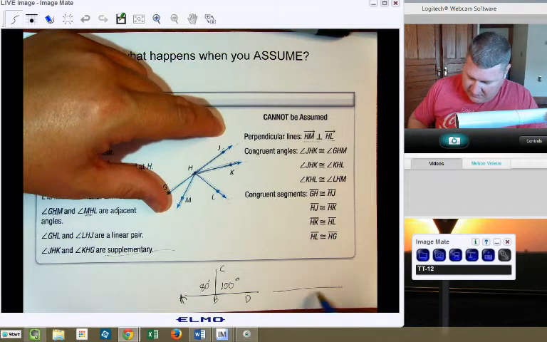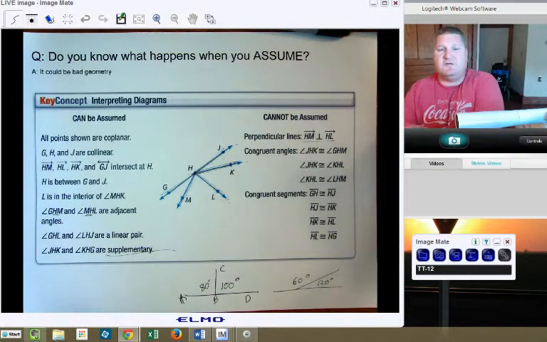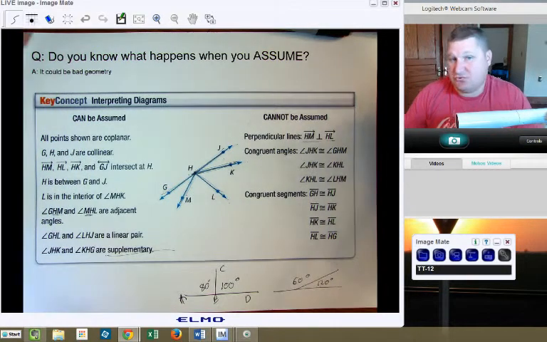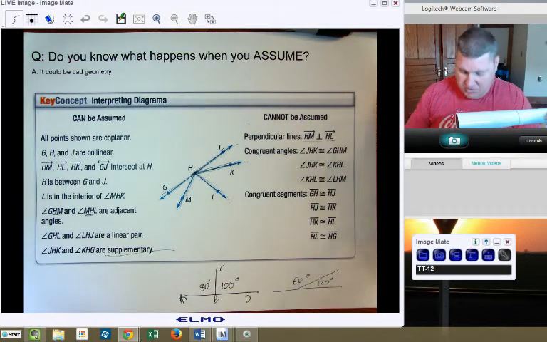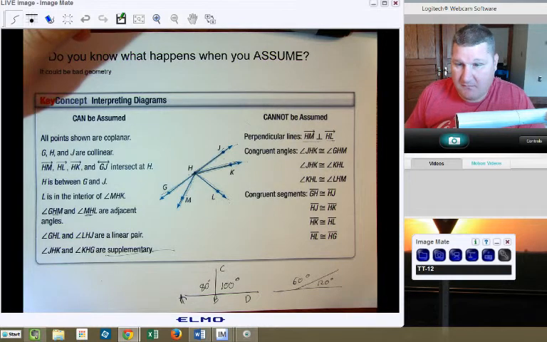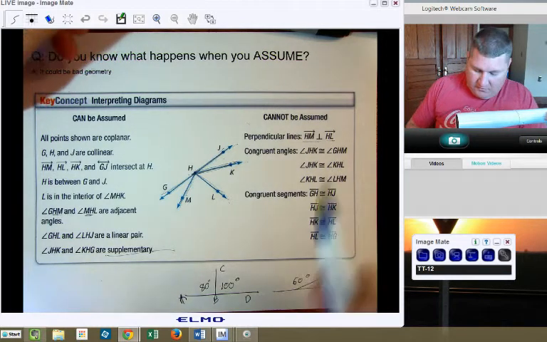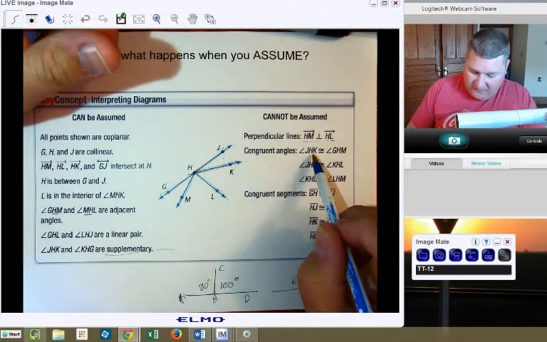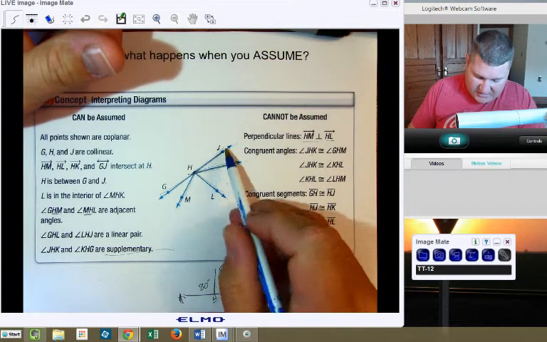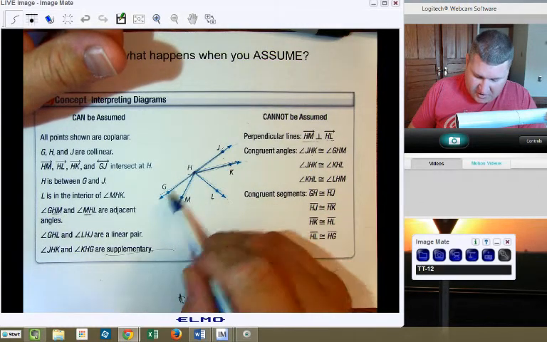I could even label the following. I could say this is 120 degrees and this is 60 degrees. If those are the given labels, then that is the truth, and you cannot assume otherwise, regardless of how they look. Okay, so we have that. We also cannot assume that JHK and GHM are congruent.